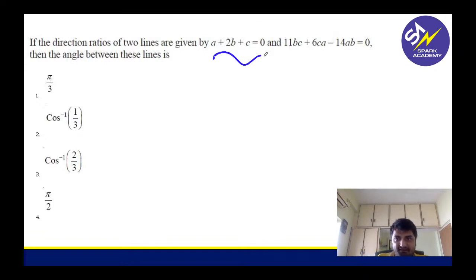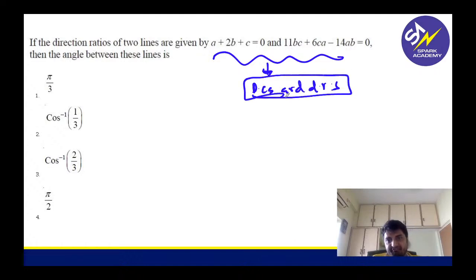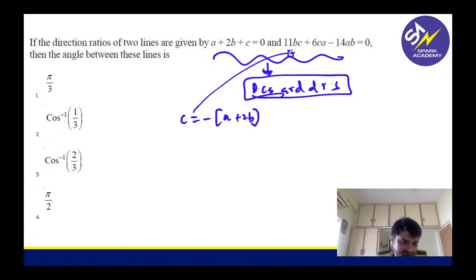This one, guys, you remember we did the same in DCs and DRs. I told you, very important model. Almost every year they are asking. So how do you solve this, guys? Convert C equal to minus of A plus 2B. That you substitute in this equation. Once you substitute, you will get A and B values, so you will get A as something, B as something, so C also as something.